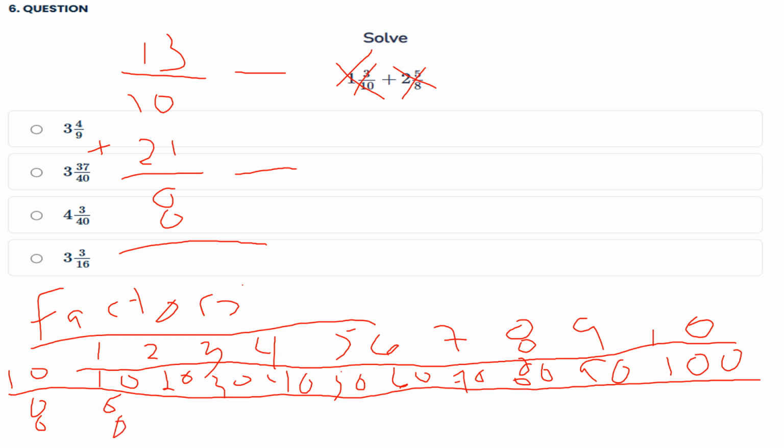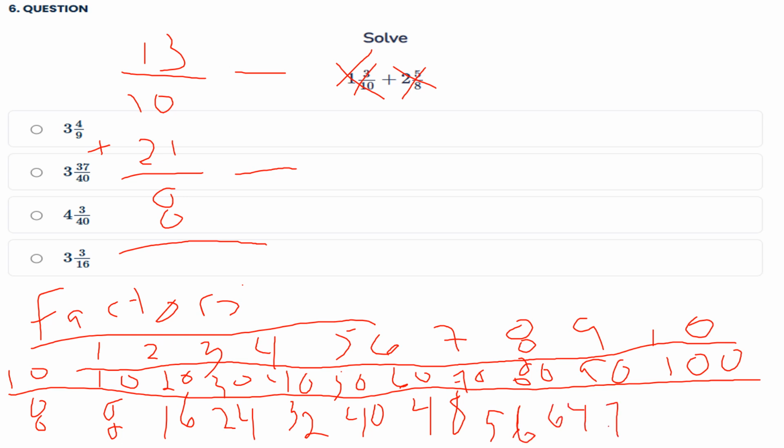Ooh, this looks terrible. 8 times 2 is 16. 3 times 8 is 24. 4 times 8 is 32. 5 times 8 is 40. 6 times 8 is 48. 7 times 8 is 56. 8 times 8 is 64. 8 times 9 is 72. 8 times 10 is 80.